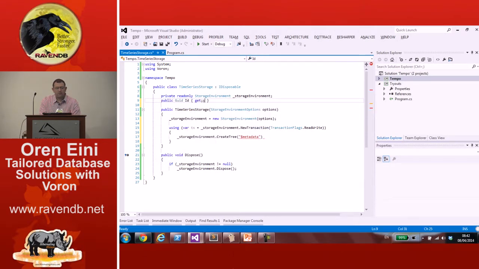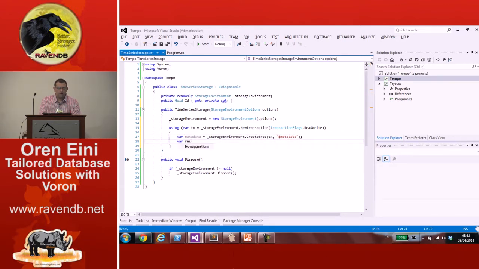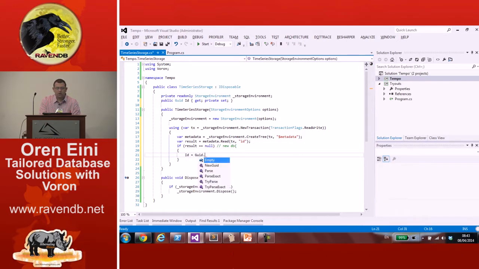I find that doing something like this is very, very helpful. So this is literally just, we are now in a new DB. So the ID is a new GUID.